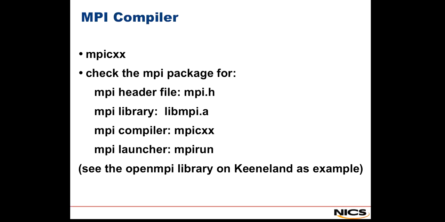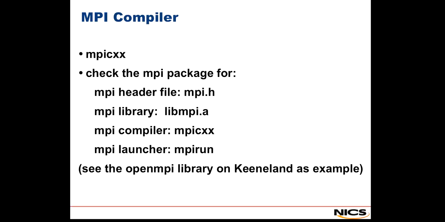So before we can do that, we need to check whether all these files are ready. There are several points you need to check inside your MPI package. You need to check the MPI header file, mpi.h, and you need to check where your actual MPI library is, usually called libmpi.a, though again that depends on the MPI implementation.